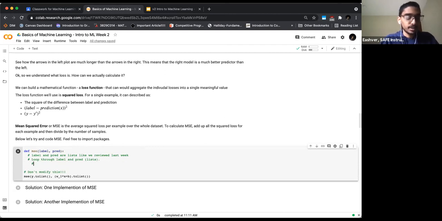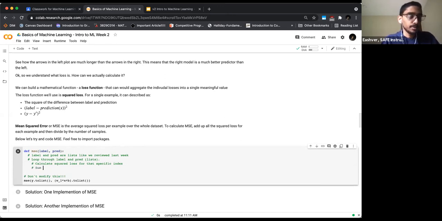And so in there, maybe you could calculate the squared loss for that specific index, right? Because each index is an example. And then from there, you might sum that squared loss into a variable.